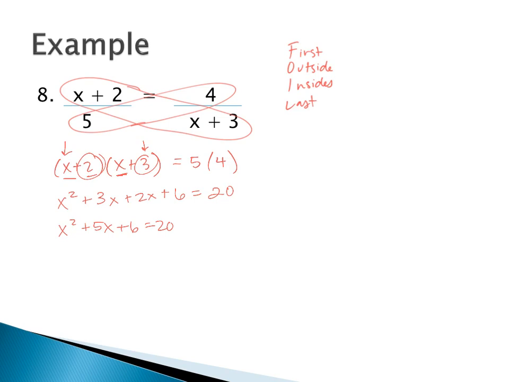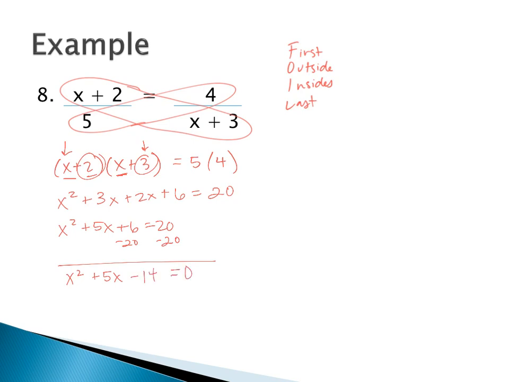I'm supposed to solve this for x. So in order to do that, I think I'm going to have to get a 0 on one side and try to factor. So the next step is to get my 0 on one side. So I have x squared plus 5x minus 14 equals 0.